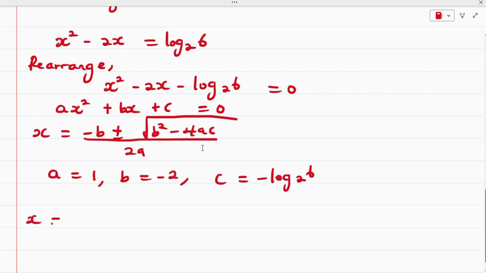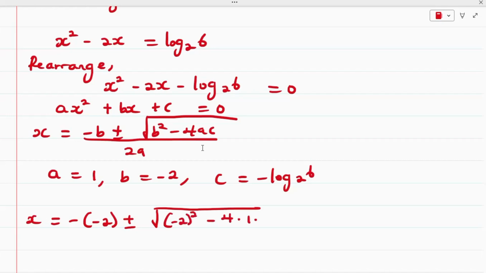So we have x equals minus of minus 2, plus or minus the square root of minus 2 squared, minus 4 times a, which is 1, times c, which is minus log 6 base 2, divided by 2a.